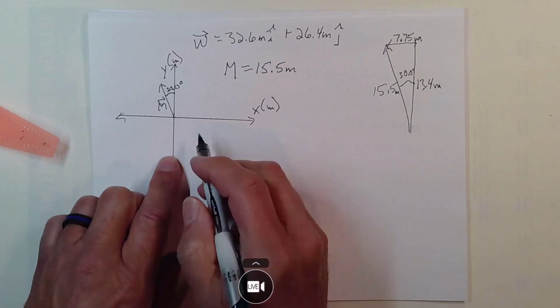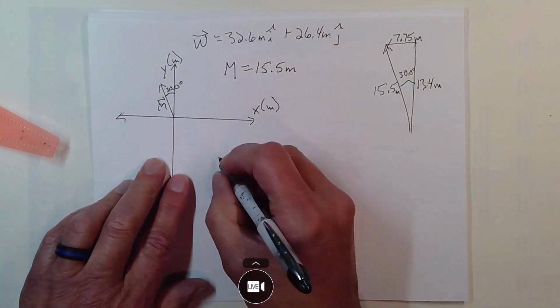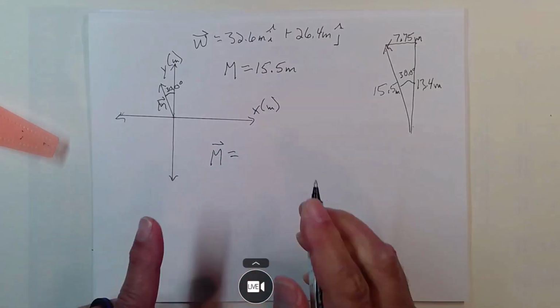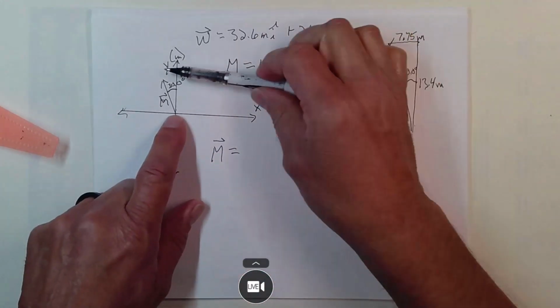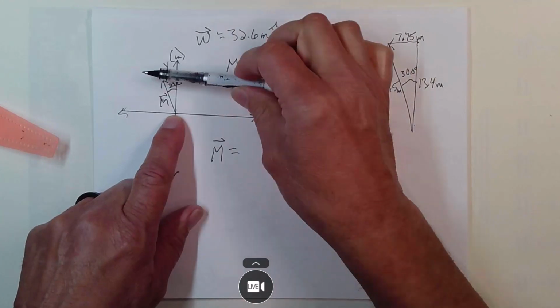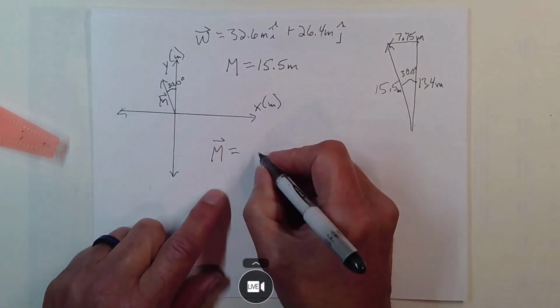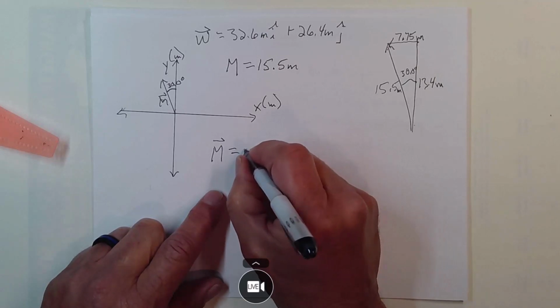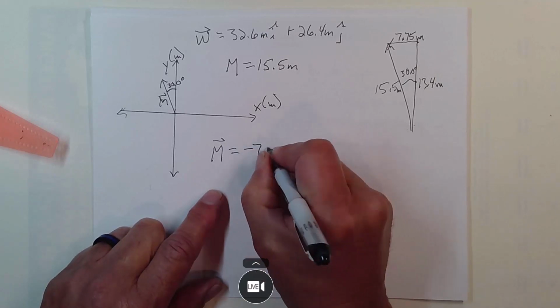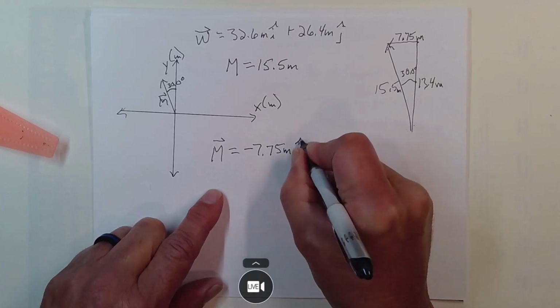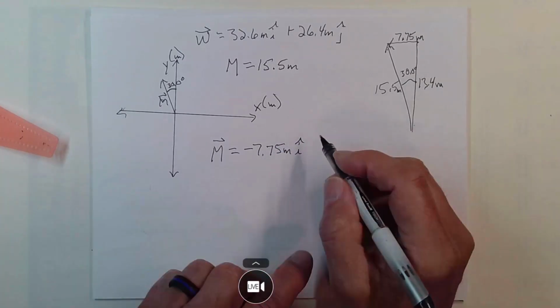So, writing vector M in component form, I will have, now here's something tricky. Its x component is pointing in the negative direction. Well, the way we indicate that is just to take that minus 7.75 meters in the i-hat direction. That's it.